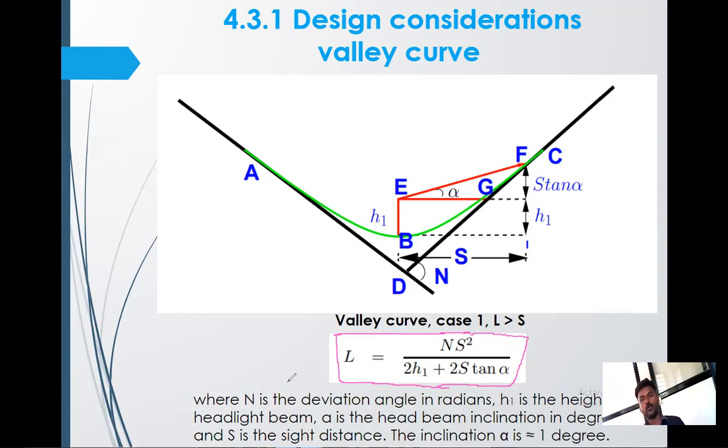Below that write down where: N is the angle of deviation. S is the SSD.